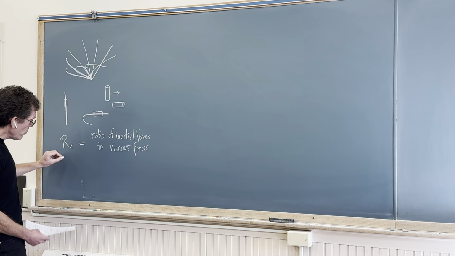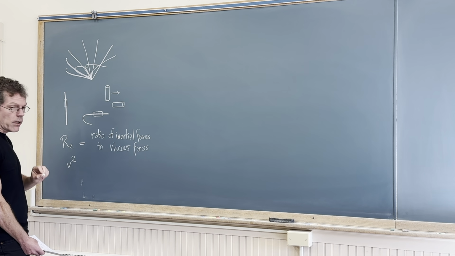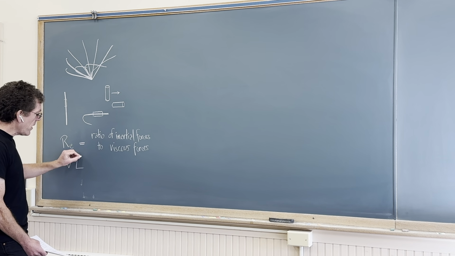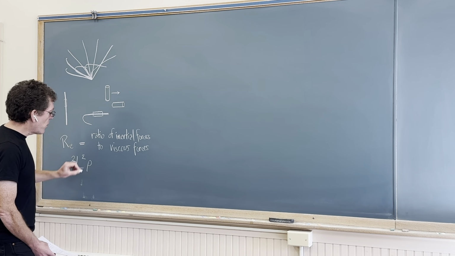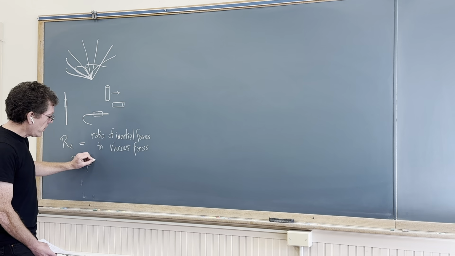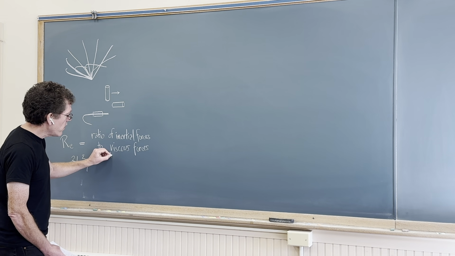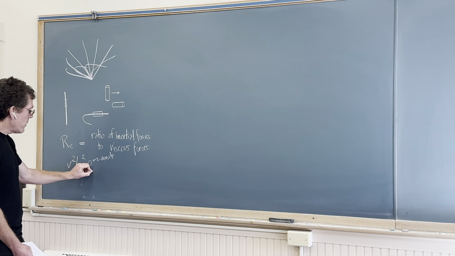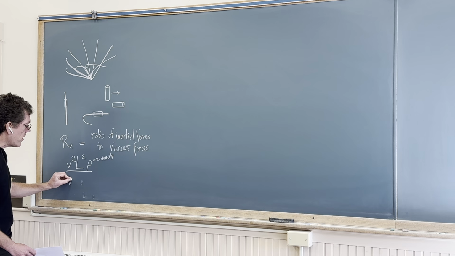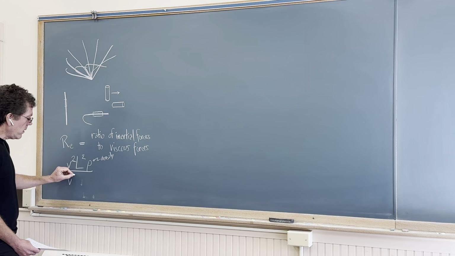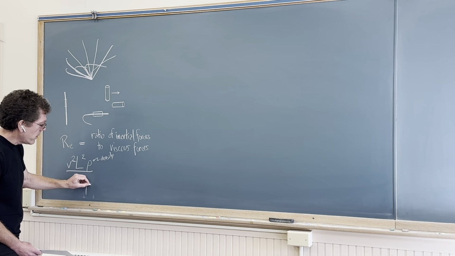In the numerator appears the square of the velocity, the square of the length, and the density of the medium through which this body is moving. That's density there, Greek letter rho. In the denominator, we have velocity, length, and viscosity.